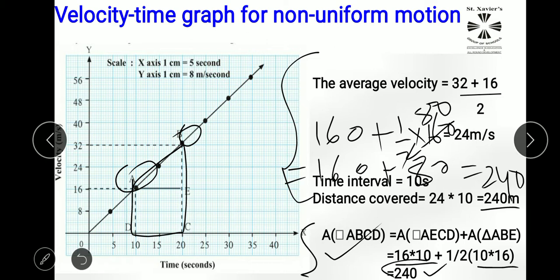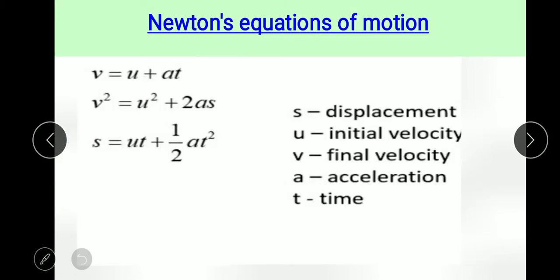Today we'll continue with Newton's laws of motion. Students, there are three Newton's equations of motion given by Newton: v is equal to u plus at, v square is equal to u square plus 2as, and s is equal to ut plus half at square. I'll give proof of all three with the help of graphical method, but at present you have to make sure that you learn these three equations by heart.